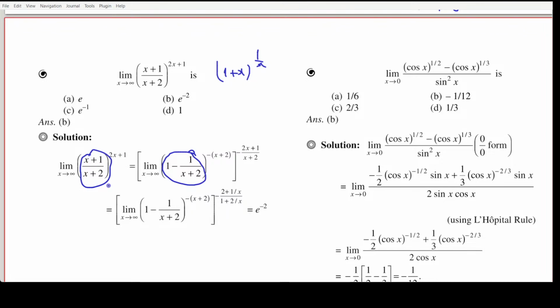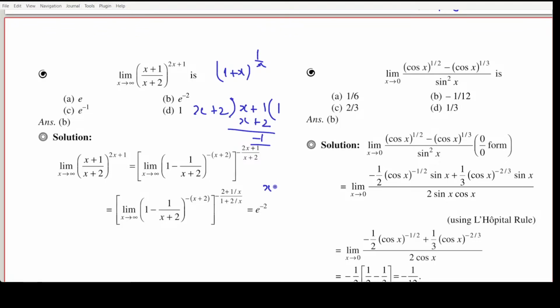What we are doing, we can manipulate it like this. If you divide x plus 1 by x plus 2, what will you get? 1 minus 1 by x plus 2. You know the basic division, no? X plus 1, if you divide by x plus 2, you'll get minus 1, right?